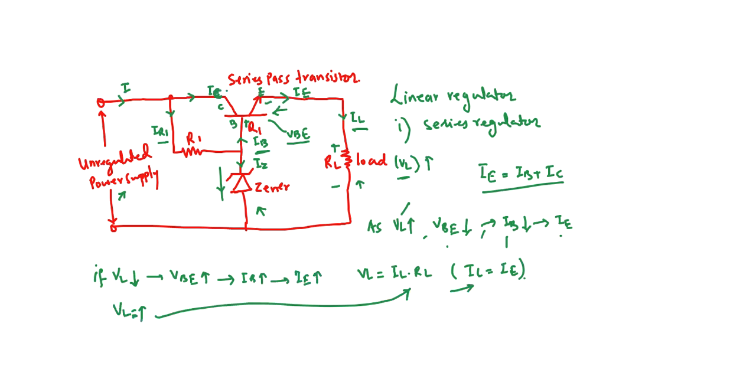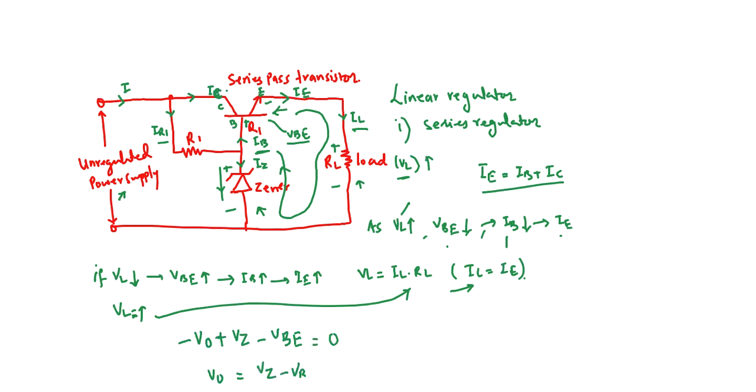You can apply Kirchhoff's voltage law in this loop to get these voltages. Let's say plus VZ minus VBE is equal to 0. So you have VO equal to VZ minus VBE.